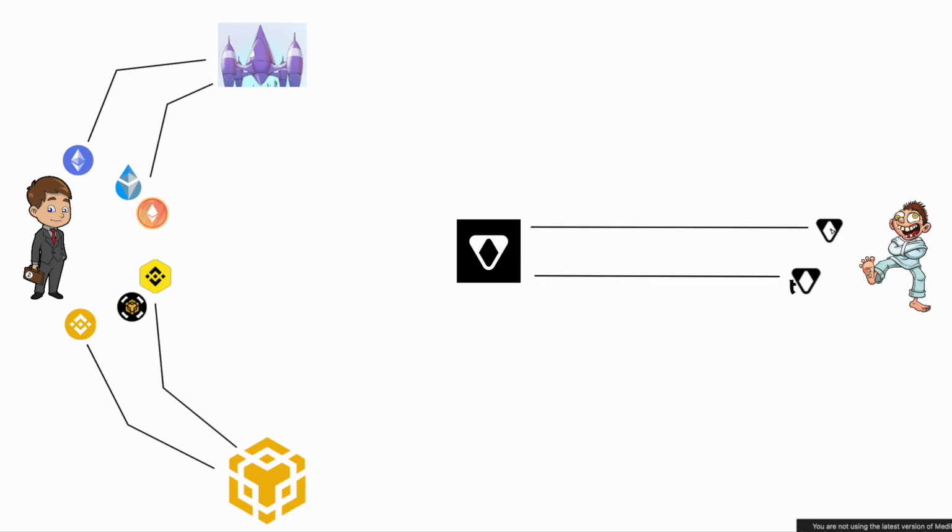You can take the TENET token and stake it into the TENET blockchain and you get back a liquid stake derivative. They're calling it tTENET. Okay, so tTENET.